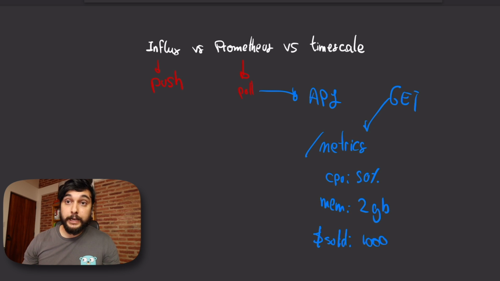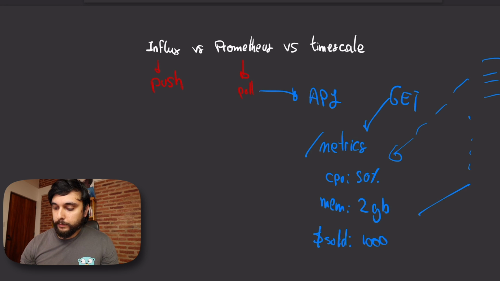Of course, this is not the actual format of the endpoint, but you mount an endpoint in your API that Prometheus can constantly come and pull at a given point in time. Then it will store this data, and a while later, it will come and pull again and store the data. So it's effectively sampling your metrics at different points in time.